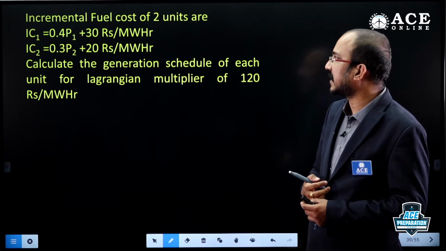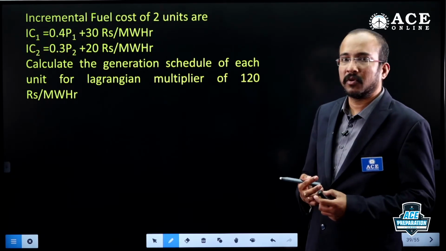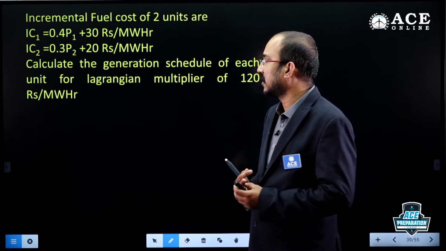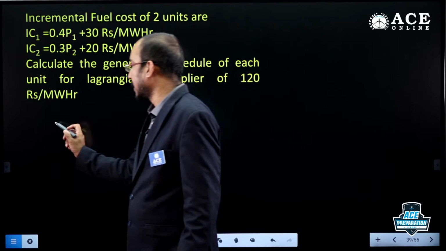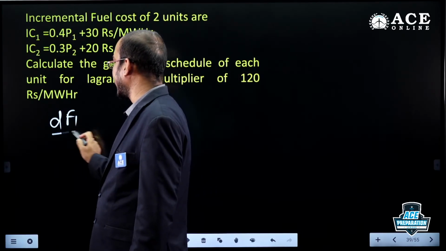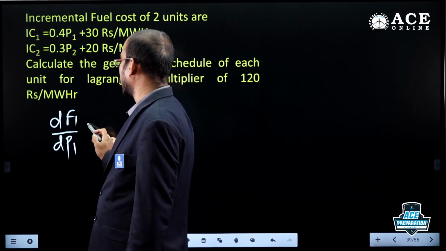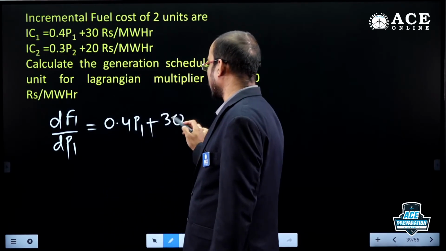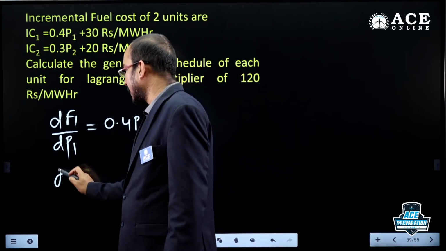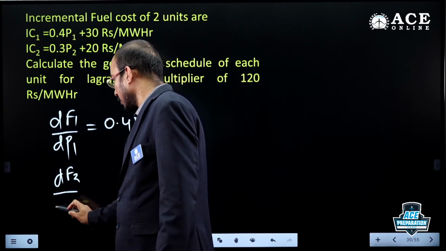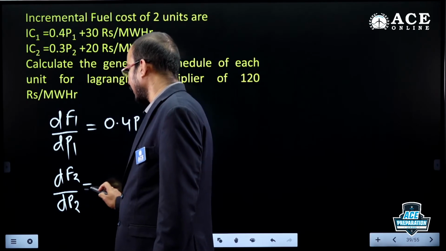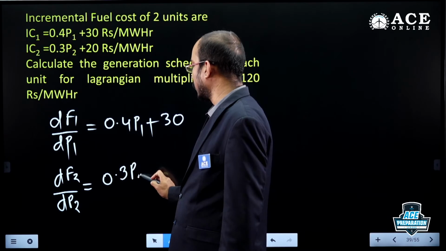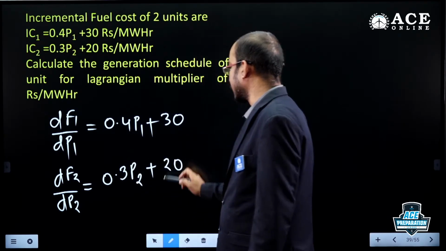So df1 by dp1 is 0.4 P1 plus 30 rupees per megawatt hour, and df2 by dp2, the incremental fuel cost characteristic of the second unit, is 0.3 P2 plus 20 rupees per megawatt hour.